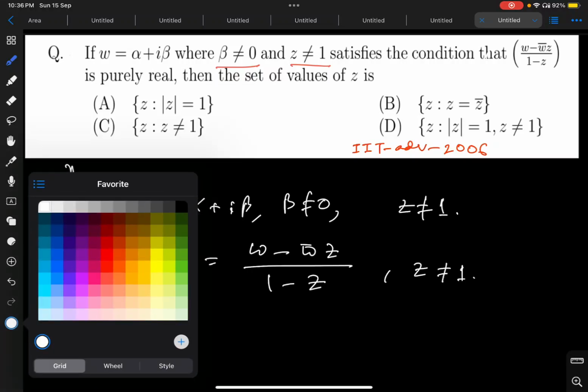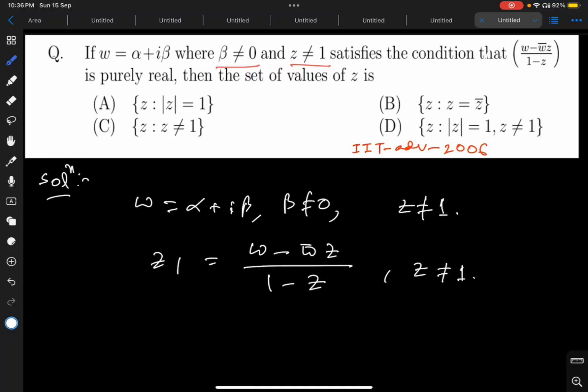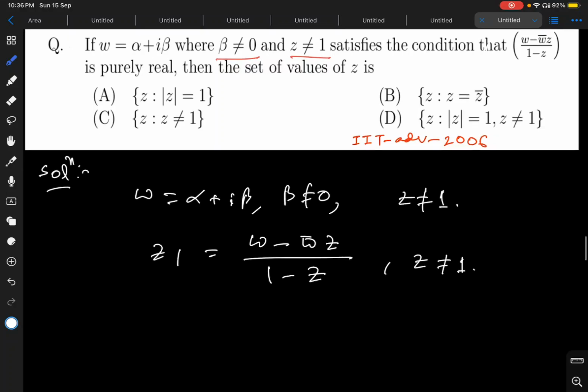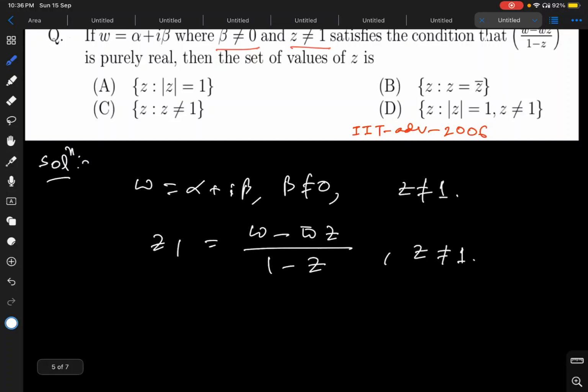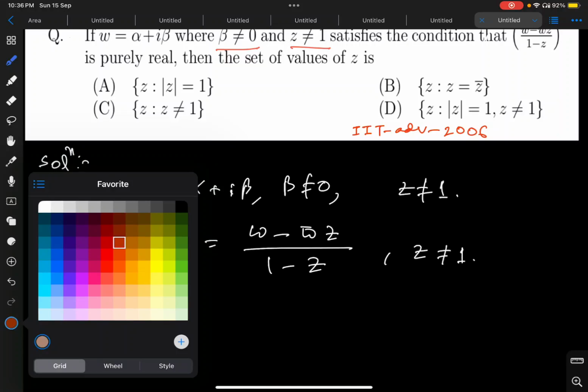Now students, before going to the theory, first look at the options. In option A it is given that the set of z with modulus z equal to 1.